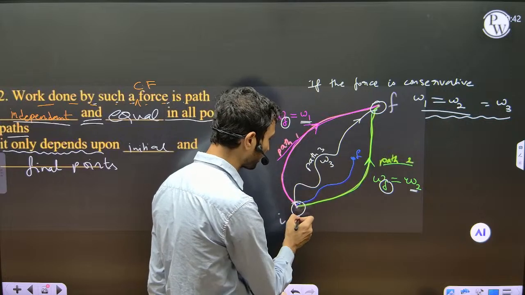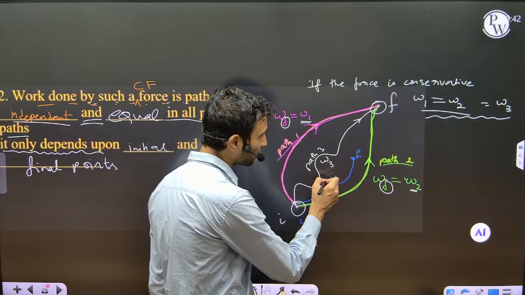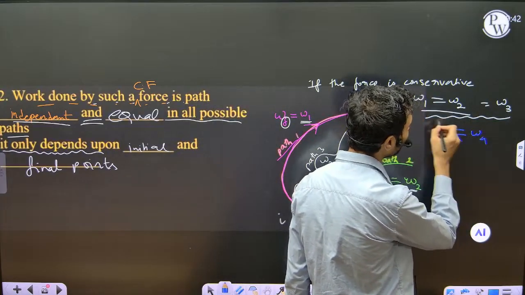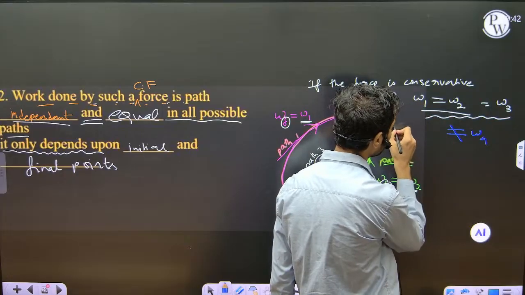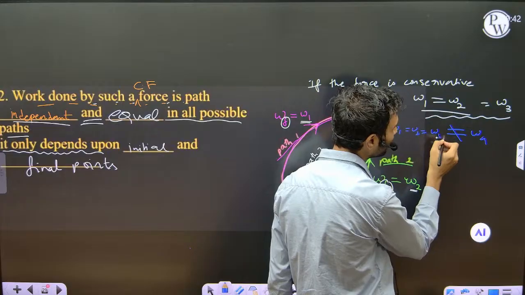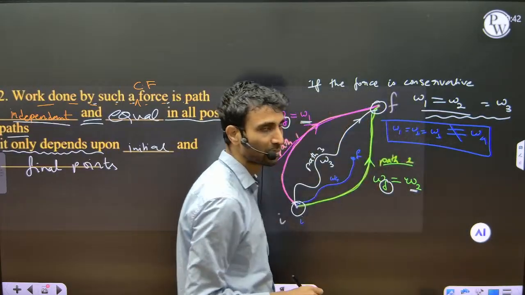This is my final point and this is my initial point. Let's say the work done here is W4. Then W4 will not necessarily be equal to W1. W1 will be equal to W2 will be equal to W3, but they will not necessarily be equal to W4.